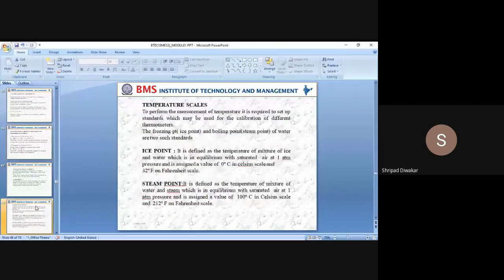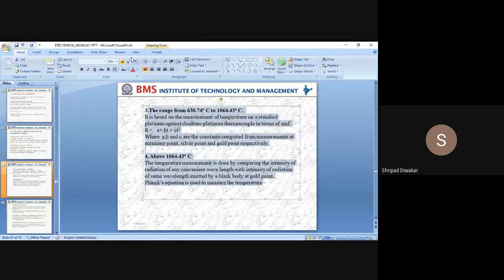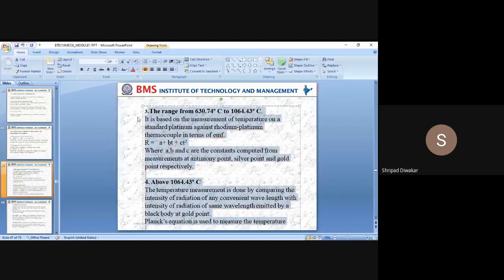And third range is from 630.74 degrees Celsius to 1064.43 degrees Celsius. First one is minus 259 to 0.